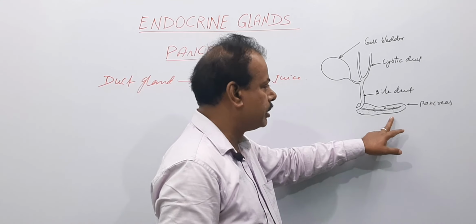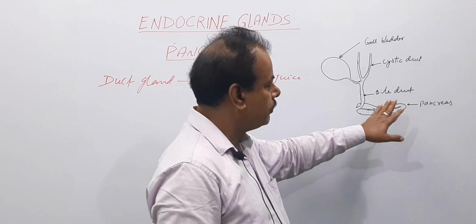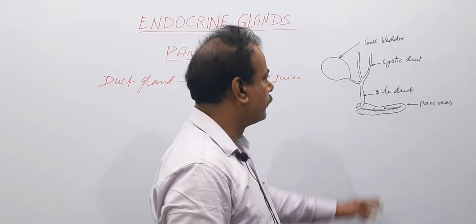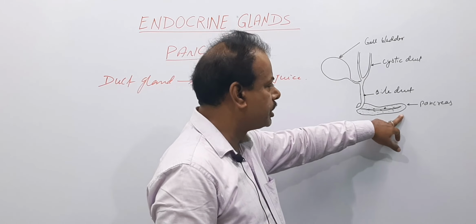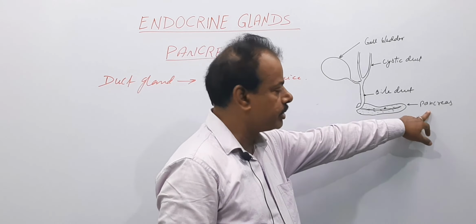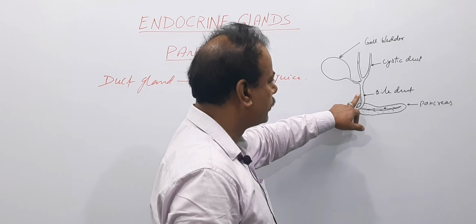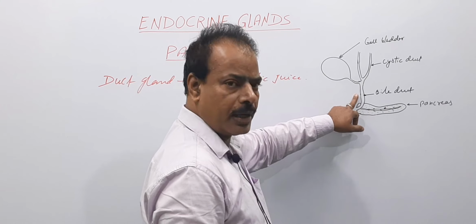It is located near the duodenum, behind the stomach. Here, this leaf-like structure is the pancreas, and here is the bile duct, or common bile duct.